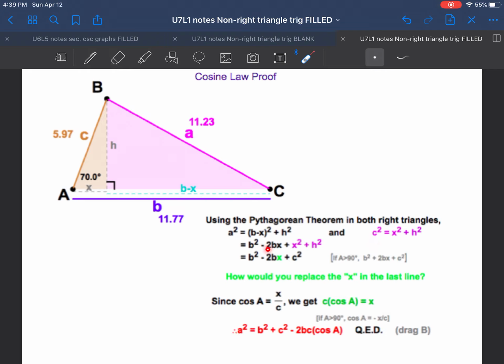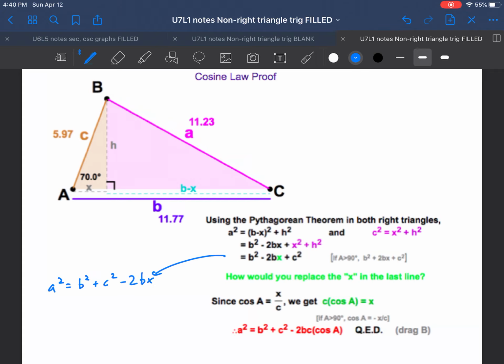So we could rewrite this part as this. Okay, and now we have a squared equals b squared minus 2bx plus c squared. Well, if we just take this and rewrite it, we can say that a squared is equal to b squared plus c squared minus 2bx.